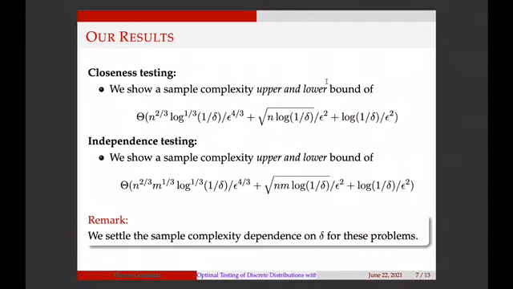So tight bounds for these two problems of closeness and independence testing, that you can see on this slide. This settles the sample complexity for these problems for all three types of parameters: the domain size, proximity parameter, and error probability.